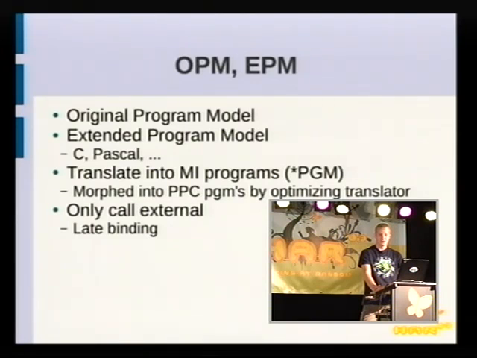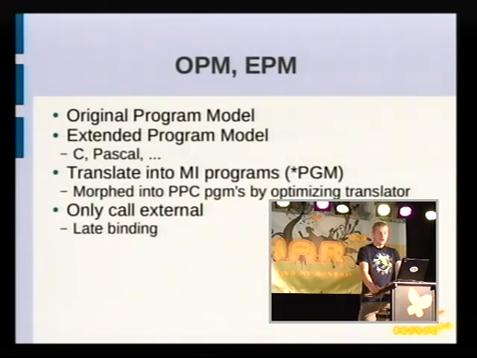And later there were some languages added, but when you compiled your program, it was translated into a real program, and this program was morphed into a PowerPC program by the optimizing translator in the SLIC.